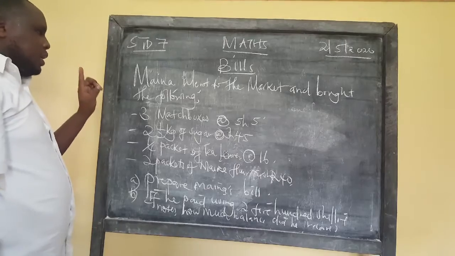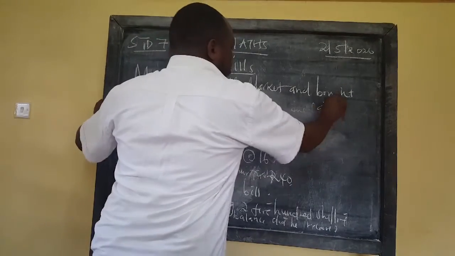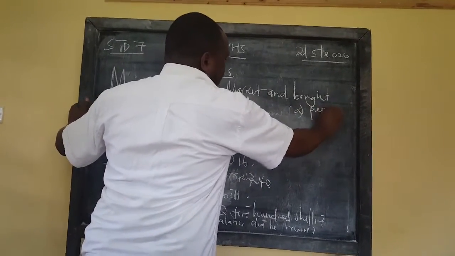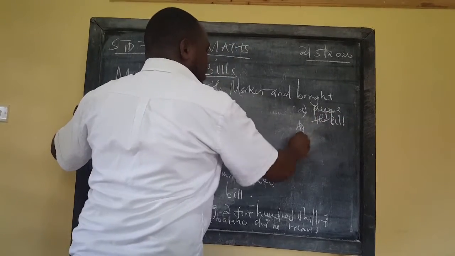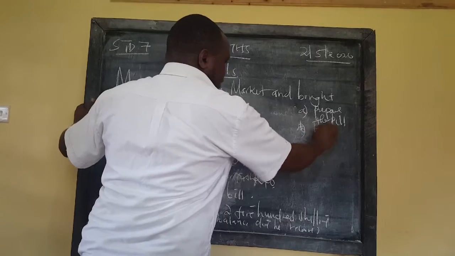So there are 2 questions here. Number 1 is to prepare the bill. Number 2, there is an issue of getting the balance.